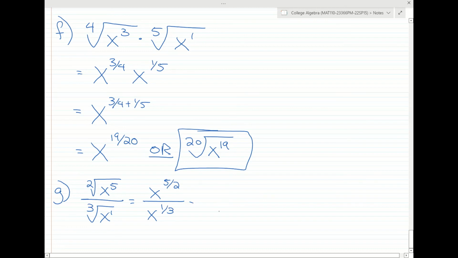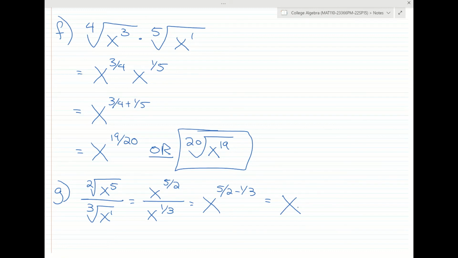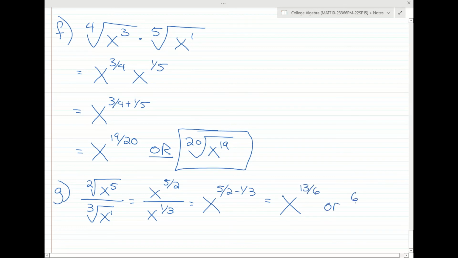And we're just subtracting those. 5 halves minus 1/3 is 13/6. We could write this as the 6th root of x to the 13th.